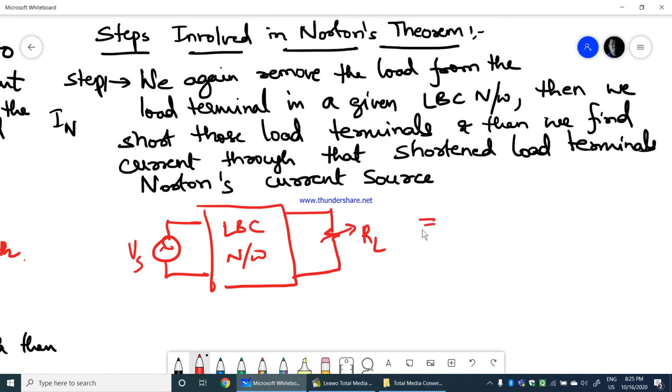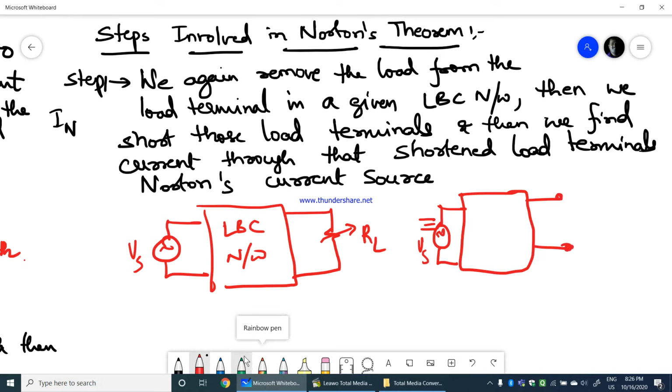Now this is actually converted into a network where the load is removed, and now instead of open, the load is shortened like this, and then we find out the current through this shortened path, and that is nothing but Norton's current. This is also known as short circuit current, ISC. IN, Norton's current, or ISC, which is short circuit current.